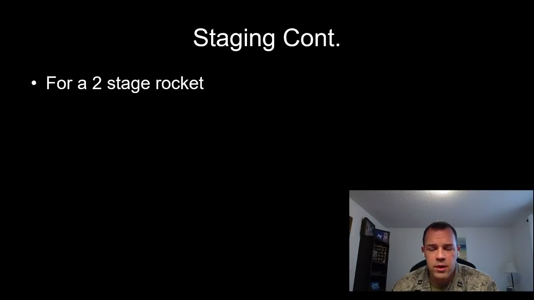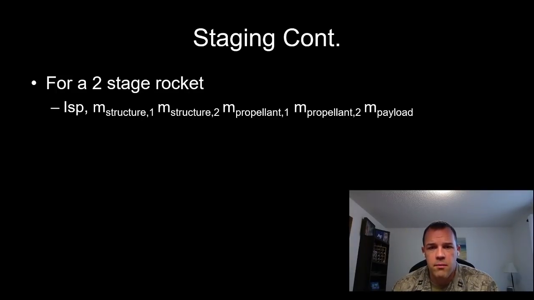Now let's walk through a quick example here of how this is done mathematically. So for a 2-stage rocket, a lot of the same players here, but we've separated out a couple things. So we still have an ISP, and I should have mentioned here that we might have an ISP that's different for each stage. So we might have an ISP for stage 1, and we might have an ISP for stage 2.